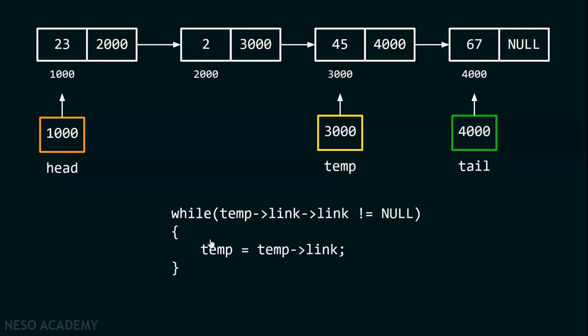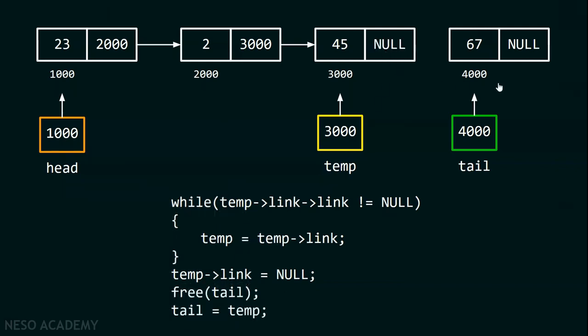Here, the idea of this code is that if temp->link->link is equal to null, then we will stop our temp pointer and get outside of this loop. After this, of course, we need to update the link part of this particular node using the temp pointer. We will update this and put null over here.